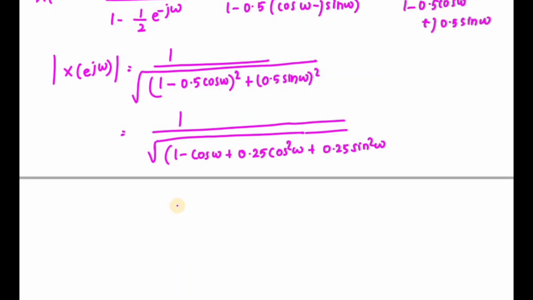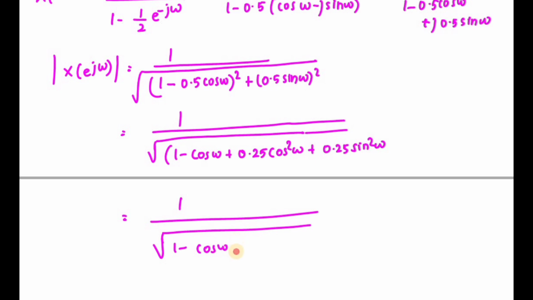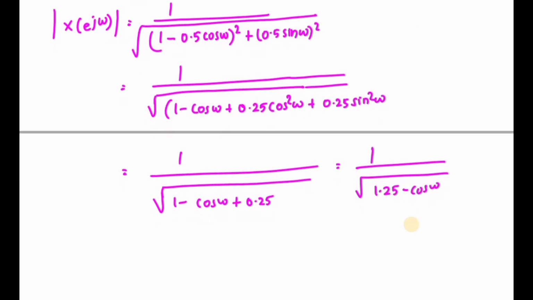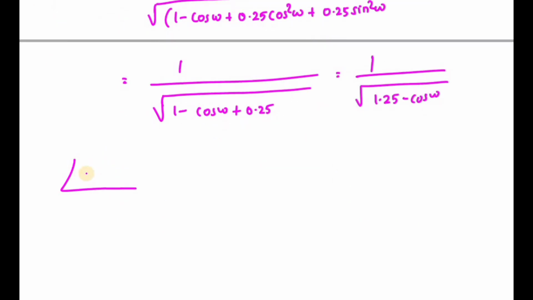So here I can write it as 1 divided by 1 minus cos omega plus 0.25. If I take 0.25 common, I will get cos square omega plus sin square omega, that is nothing but 1. So we will get 1 by root of 1.25 minus cos omega. That is your answer. That is your magnitude.